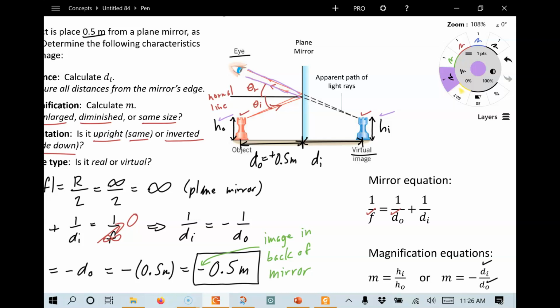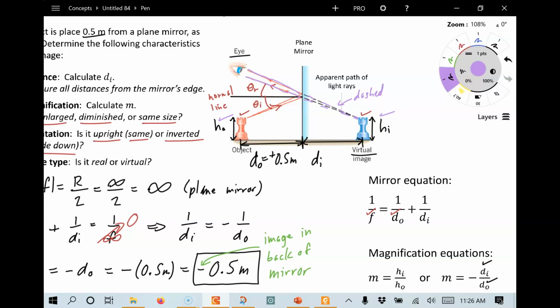Human brains are designed to believe that light always travels in a straight line. So it's going to trace these backwards to a point where those two rays converge. And so the brain thinks that there's an image there. It thinks that that's where the rays that get into the eye are coming from. However, we've dashed these rays because there really isn't any light there.